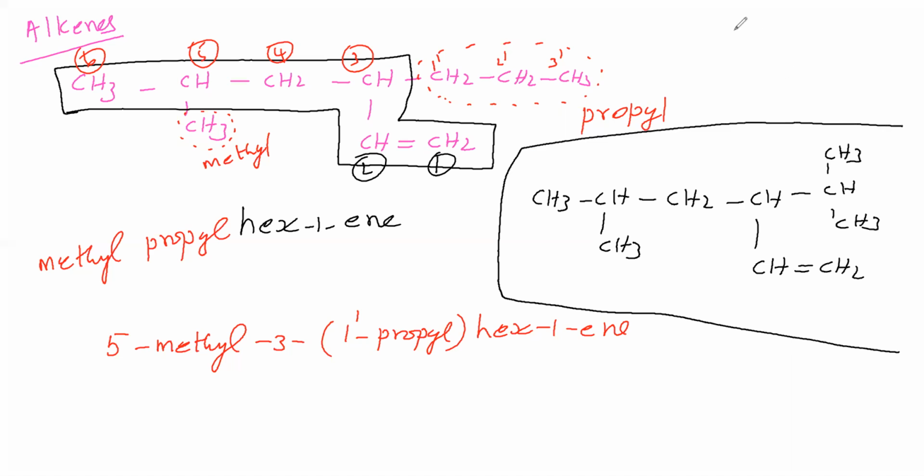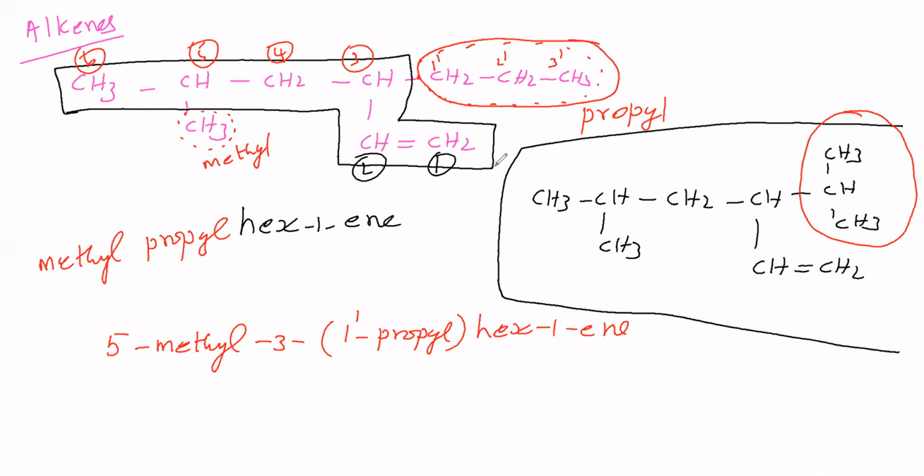You compare both branches and see how they are. In this branch, all the carbons are present in a straight line, but in this branch, the second carbon is attached to the parent chain. Therefore, we have to give numbering to the branch also.